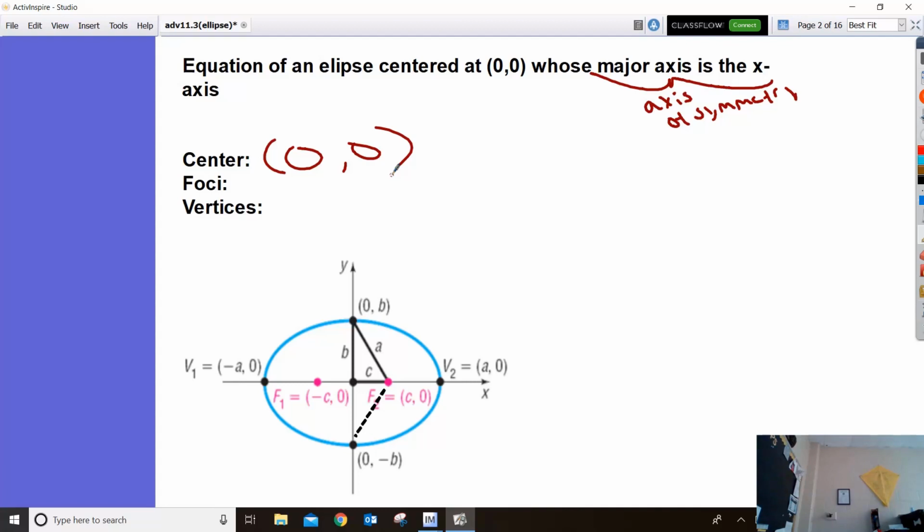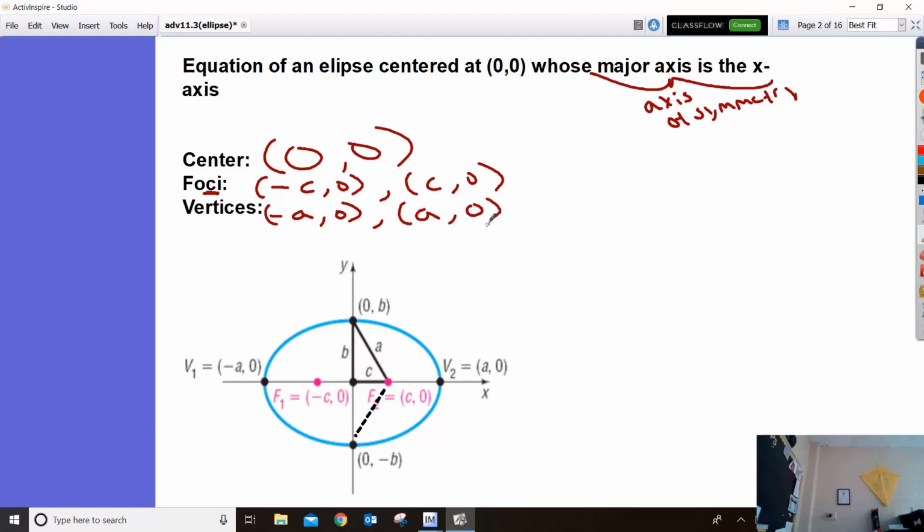We're getting a center of 0, 0. Your foci are here: negative c, 0 and c, 0. Put emphasis on foci having the c. That's what we call the letter c. Negative c comma 0 and c comma 0. You have major axis vertices here and here: negative a, 0 and a, 0.